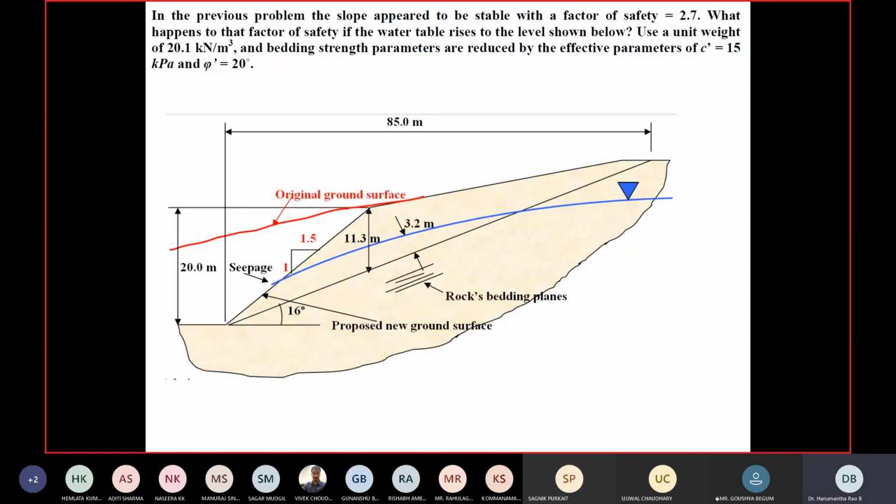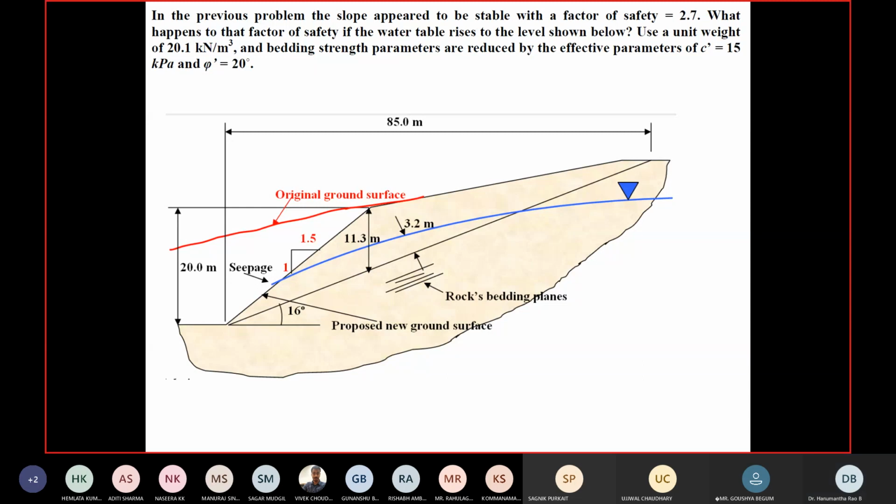Okay, sir. So here the pore water pressure is being calculated at which point? We do not know exactly at what point, but wherever we have recorded the maximum height of the water, that point should be the highest unstable condition.